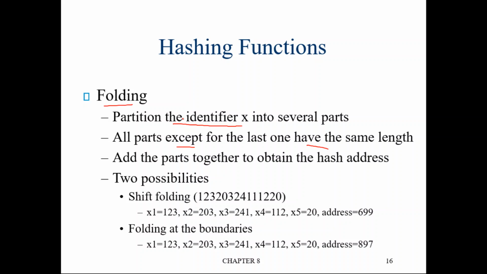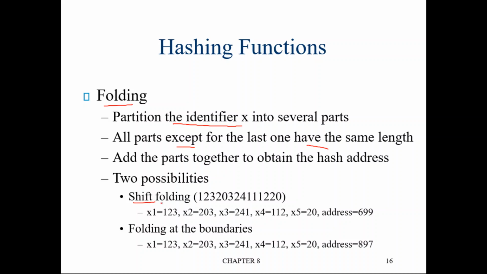But when you break like that, every part will be of equal length except the last one. For the last one we cannot guarantee, it may be of equal length or it may not be. Then we add all these parts, and whatever we get will be considered as the mapping value.